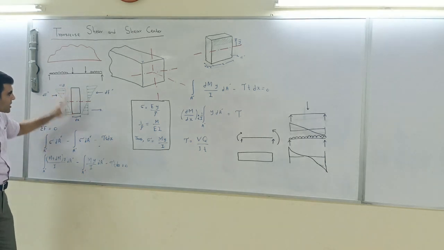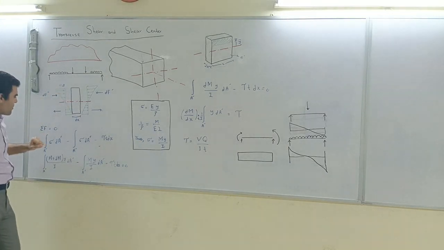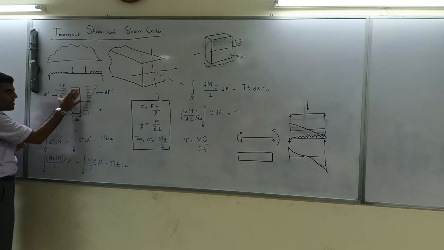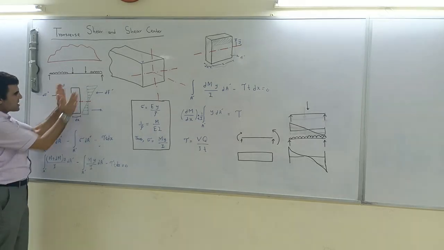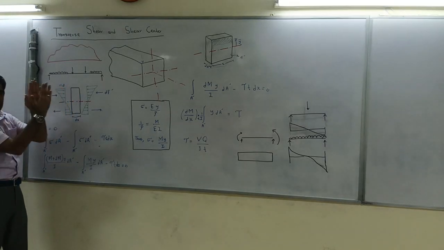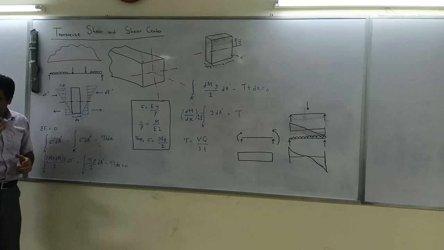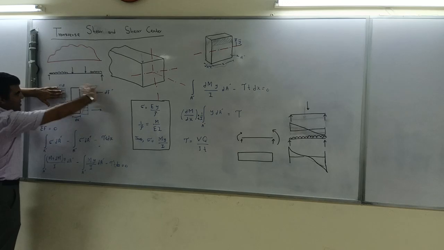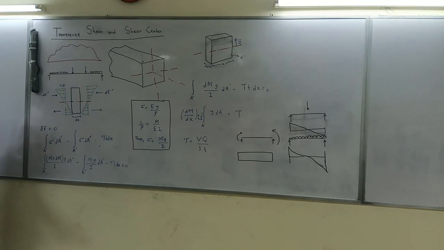Now, that's done. What we are asking is: is there any difference between the stresses at these two points? Are this stress and this stress equal, or is there a difference between them? The answer is that there is a difference.